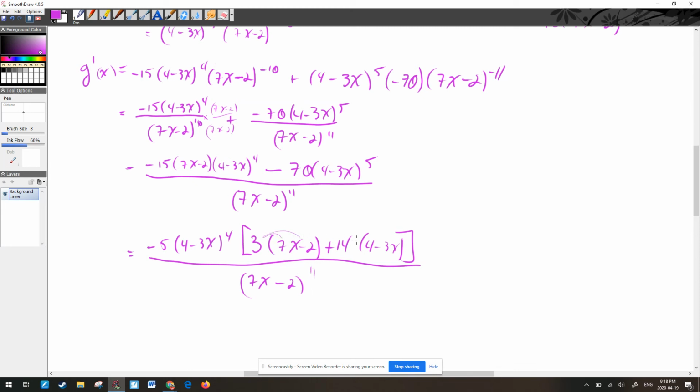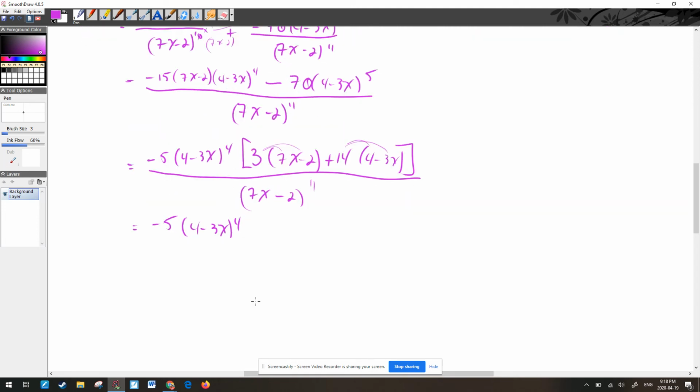Okay. Now, simplify. I'm going to distribute and gather my like terms. So we're going to have negative 5 bracket 4 minus 3x to the fourth bracket. So we're going to get 21x minus 6 plus 40, 56 minus 30, 42. So minus 42x all over 7x minus 2 to the 11th.